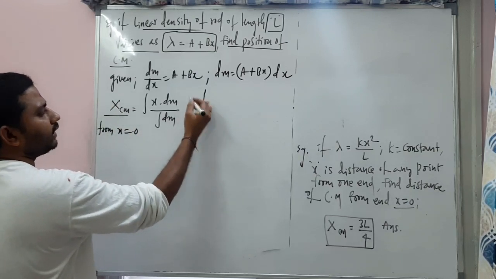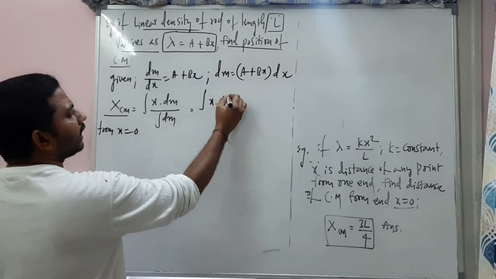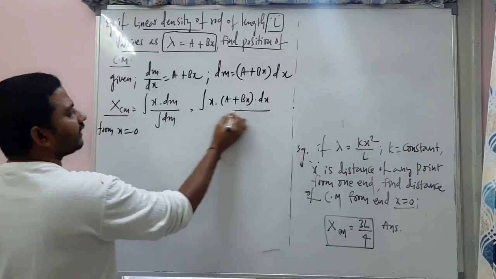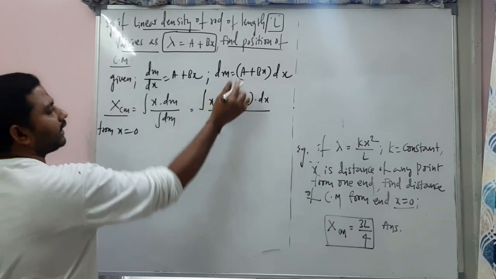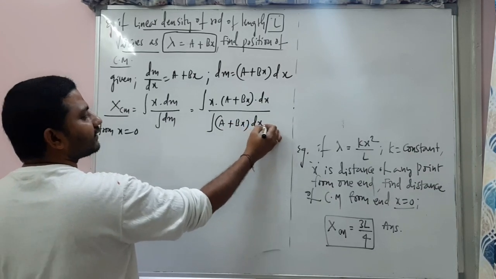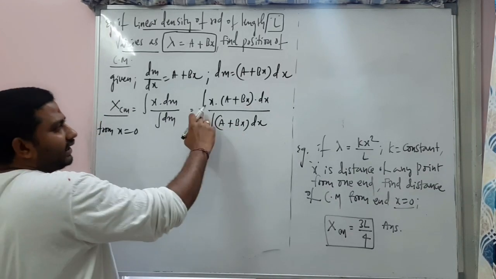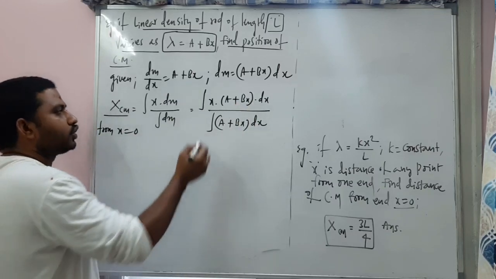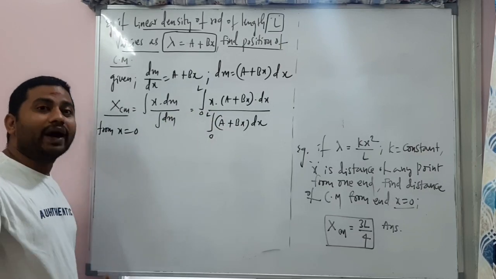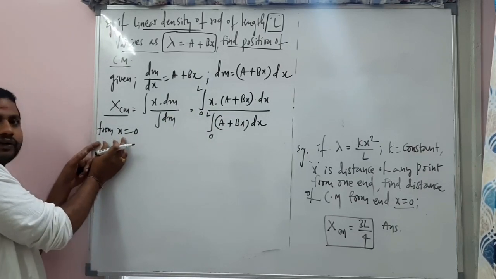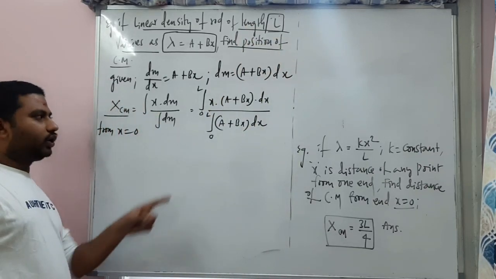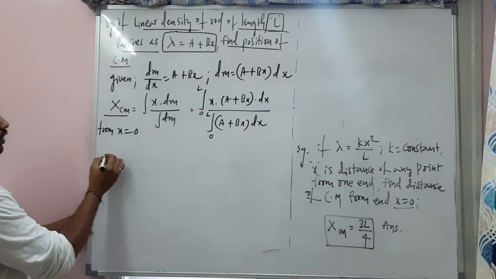Now, integral x into dm, that is a plus bx into dx, divided by integral dm, that is a plus bx into dx. We are doing integration with respect to dx, so the limits are from 0 to L. Why 0 to L? We are starting from 0 and the length of the rod is capital L. Now let us expand it.